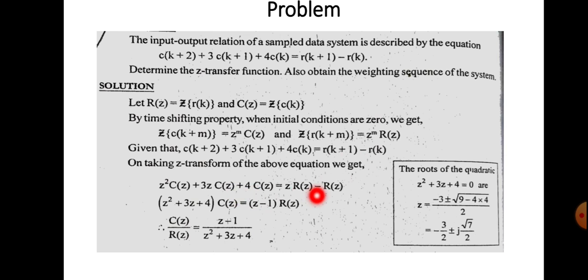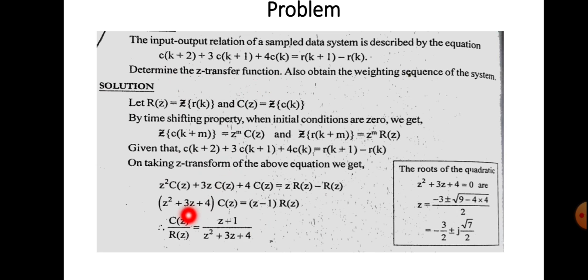So this is our equation. Here we can take C of z outside, and here we can take R of z outside. So we will get the equation like this. Next we can take the ratio of C of z and R of z. So C of z by R of z equals z minus 1 divided by z square plus 3z plus 4. Now this is our equation. Okay, so first of all you want to determine the z transfer function.